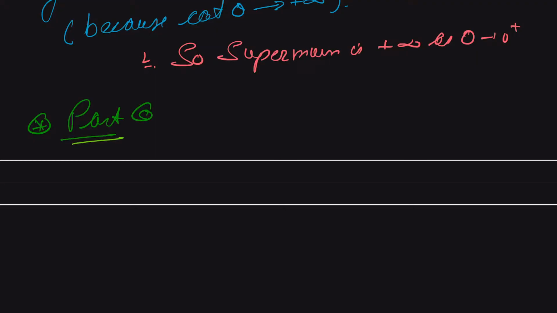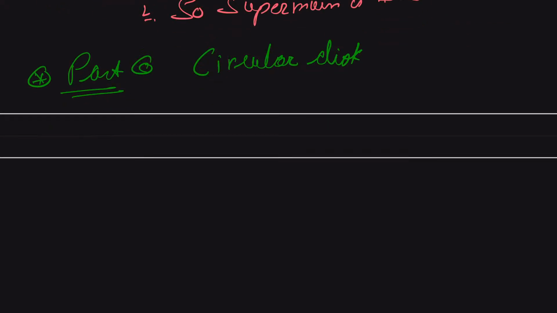Okay. Now we come to part C, and in part C we are given a circular disc. So we have two cylinders. This is the first cylinder, the second cylinder, and a circular disc is placed something like this. So once again we are having 2 points of contact. This is P1 and this is our P2.